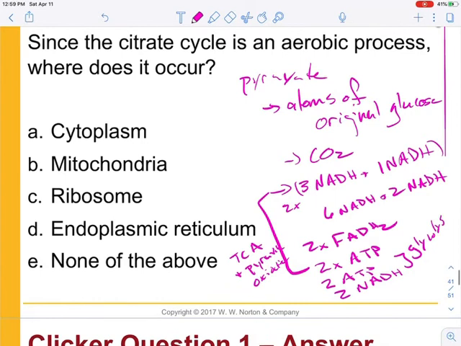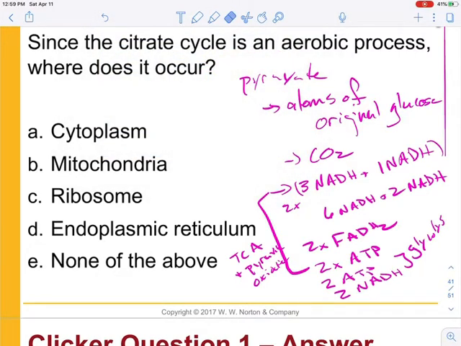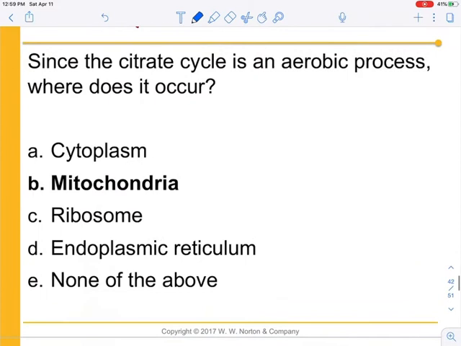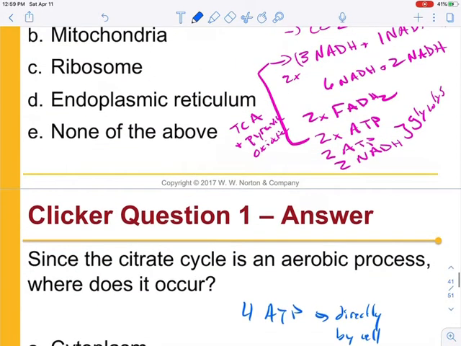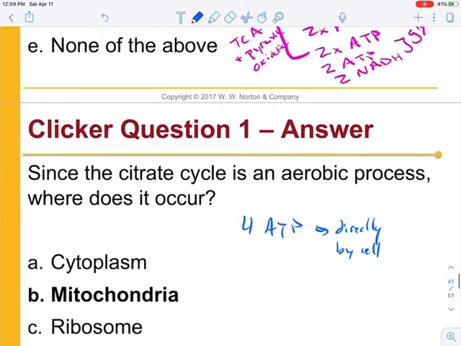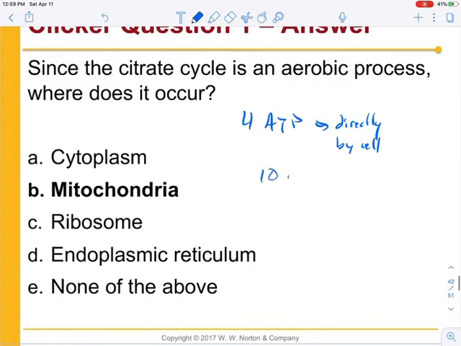So in total, we have 4 ATP, and this can be used directly by the cell. And we have 8 plus 2, 10 NADH.